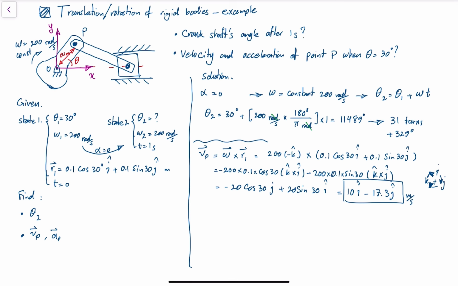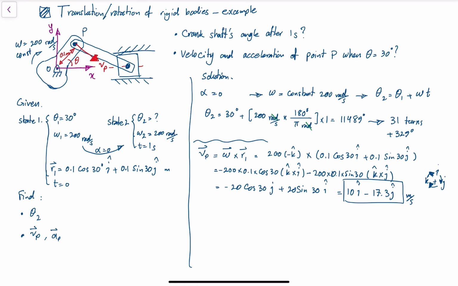So my velocity, as I expect, has positive i component and negative j component. So something like this, which I know has to be perpendicular to the line OP.